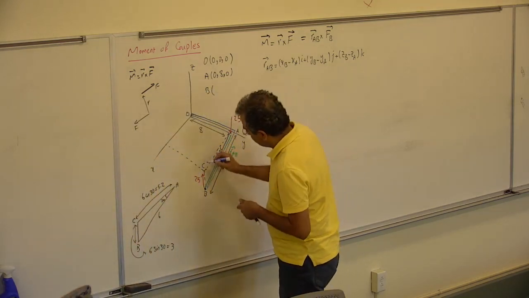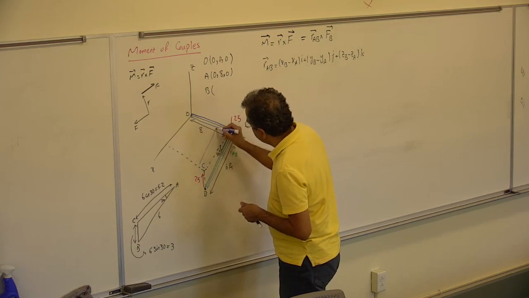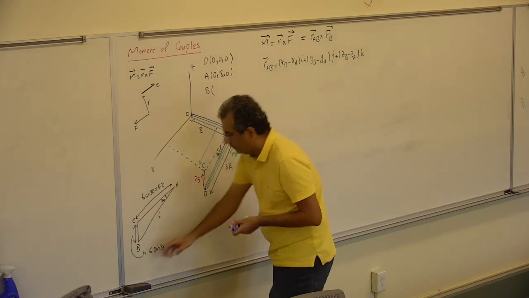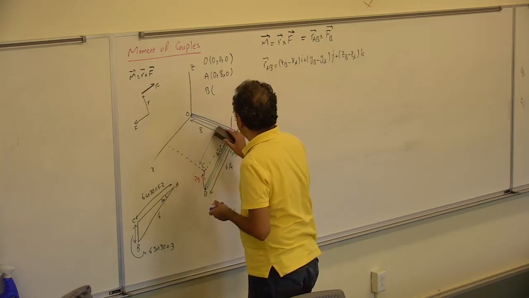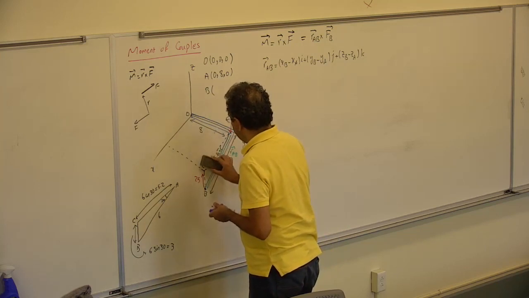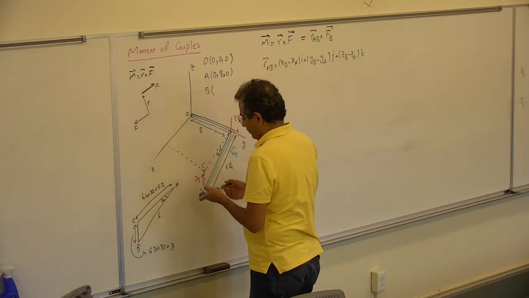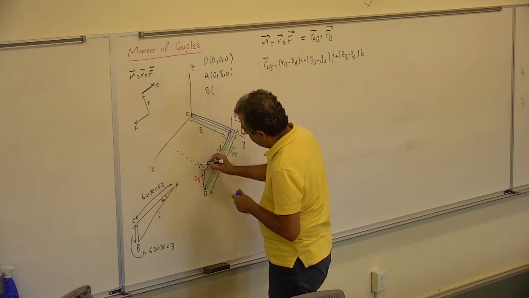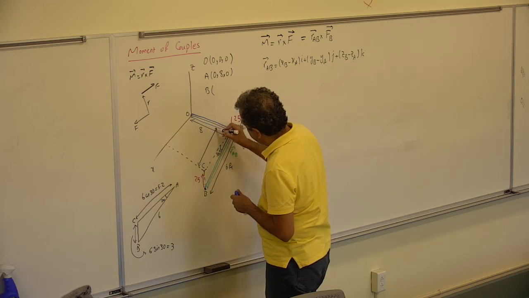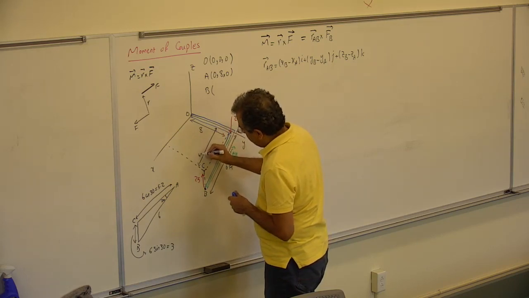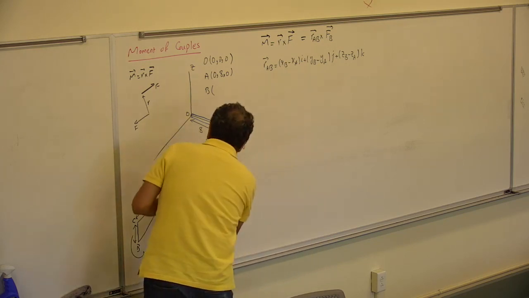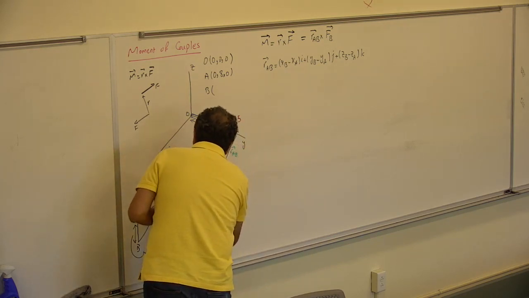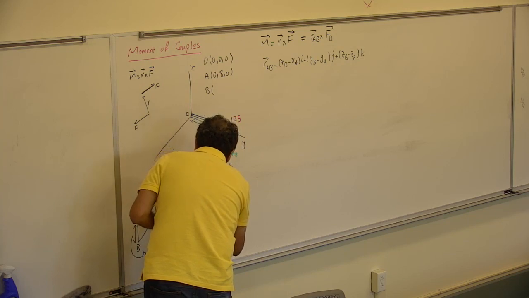So here, if I want to show it, this distance would be 6 cosine 30, which is 5.2. This one is 6 sine 30, which is 3.